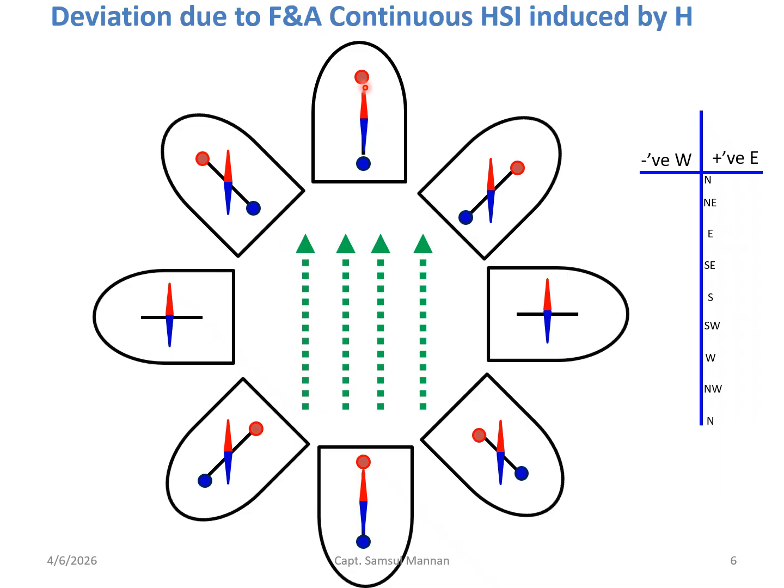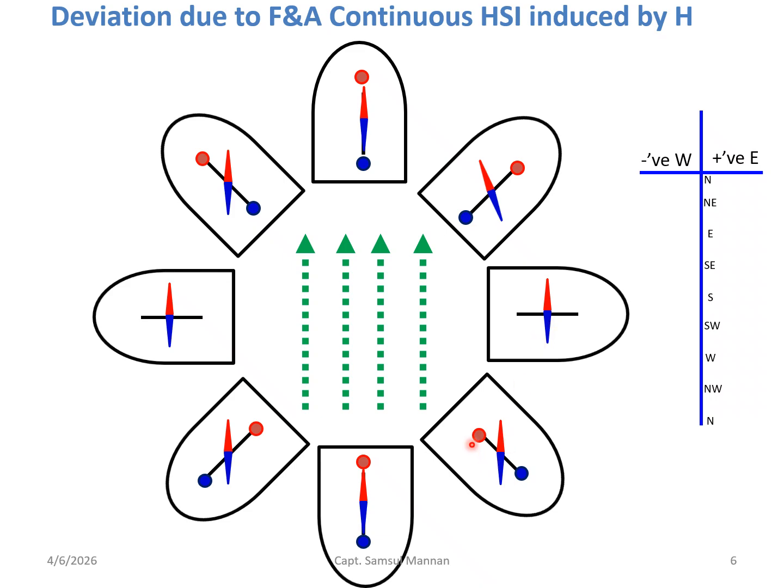When the vessel is on the 000 degree heading, you see we have got blue pole at the stern and red pole in the forward, and there will not be any deviation at all, right? However, when the vessel is on the 045 degree course, you see this red pole will deflect the red pole of the compass needle, and it will have some deviation. And when the vessel is on the 090 degree course, there will not be any deviation because there is no induced HSI.